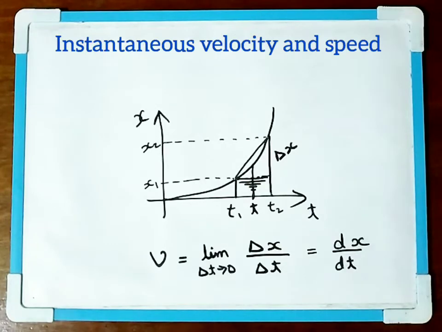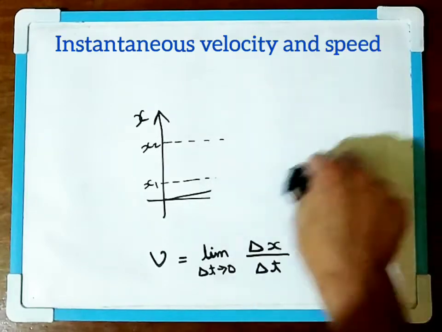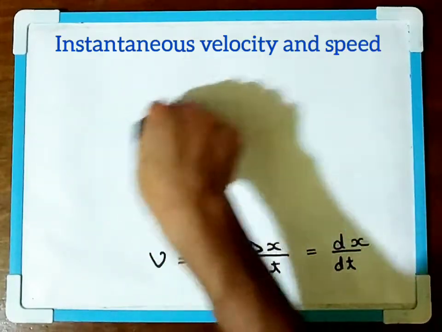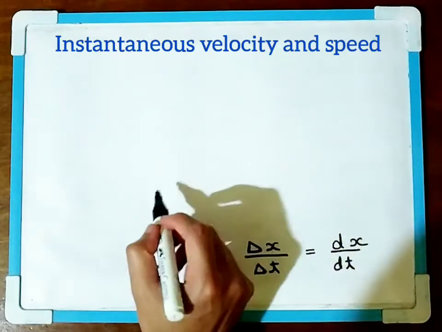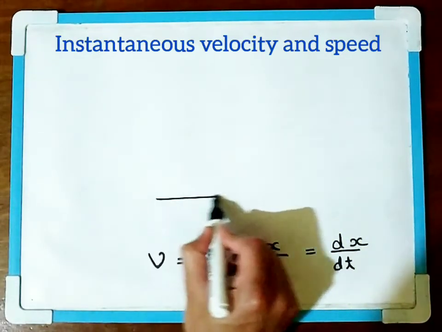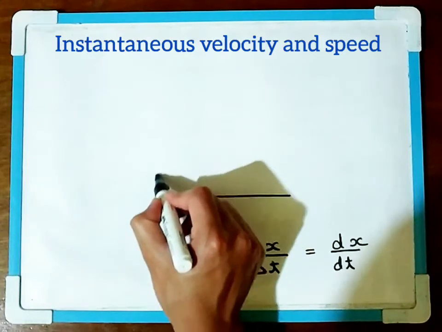Now the concept of instantaneous velocity is very important, because when you travel from one place to another, you don't travel with a constant velocity. For example, if you're traveling from Shillong city to Guwahati city, again I'll draw a position time graph for that motion. So you're in a car and you're starting from Shillong.